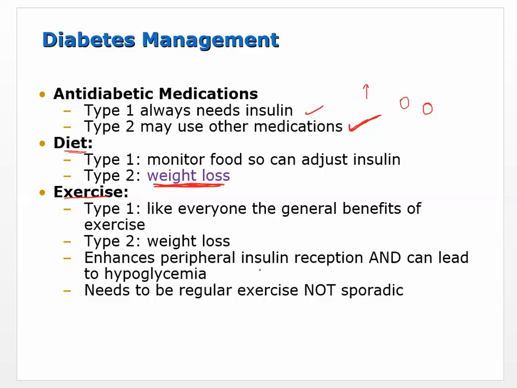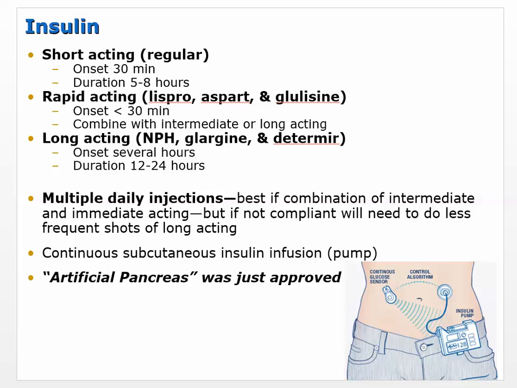Your muscle cells will take it up, and you can use that as a way to decrease it. It almost works like insulin, except you're actually burning it. And it needs to be regular exercise, as you can imagine, not sporadic. So you need a regular exercise regime, maybe walking every night or something like that.